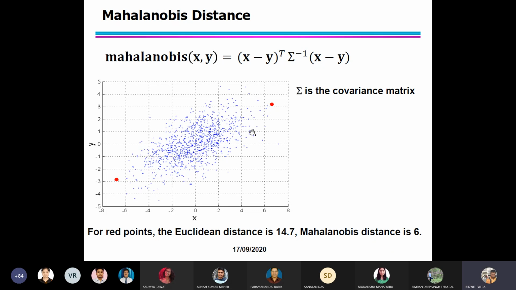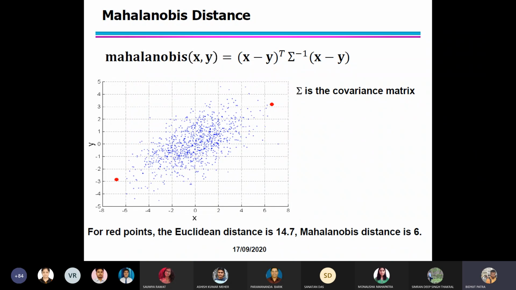Okay, so the height of men in India will be different from the height of 2 persons, not men, 2 persons, let's say in Poland. If you take 1 person from Poland and another person from India and compute the distance or dissimilarity, that will be totally different from computing it between 2 persons in India or between 2 persons in Poland.